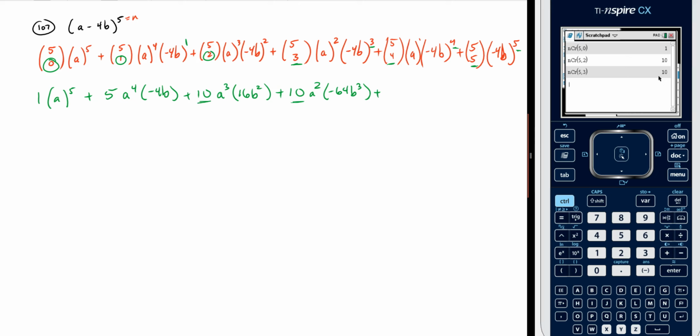since these coefficients were the same, I know that my list is repeating, so the next one's just going to be a 5, a, and then negative 4 to the fourth.